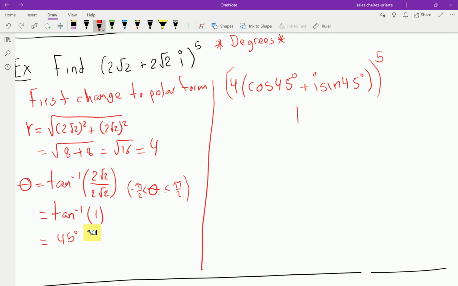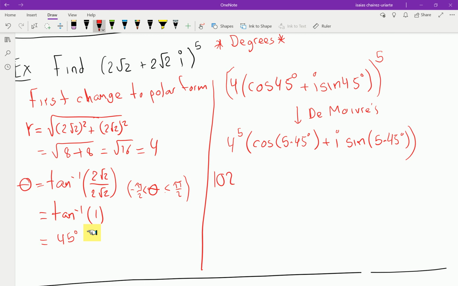So according to DeMoivre, this is going to become 4 to the 5th times cosine of 5 times 45 plus I sine of 5 times 45. Okay. Well, that becomes what? What's 4 to the 5th? 4 to the 5th power is 1024.